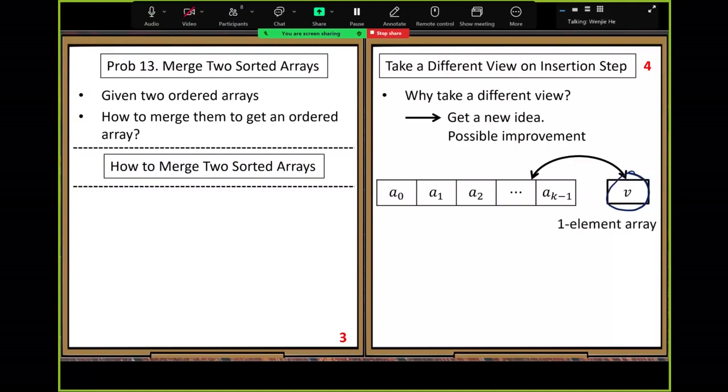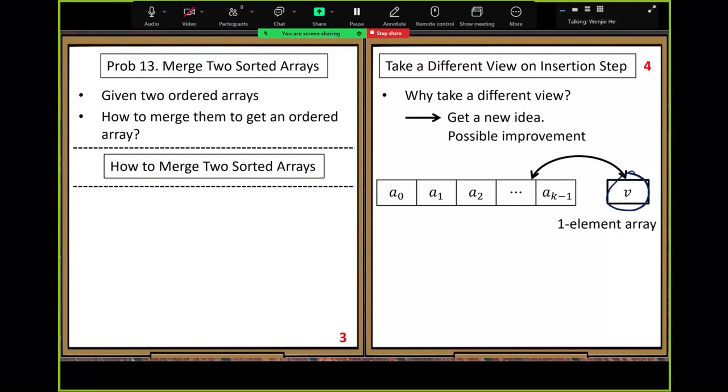Look at this V, can we treat it as an array, a one element array? One element, it is ordered. So this is a special case for the merge operation, merging two ordered arrays. This time one element, next time two elements.